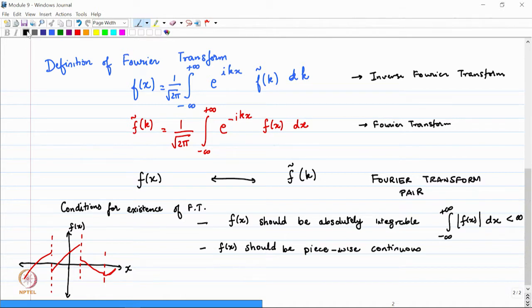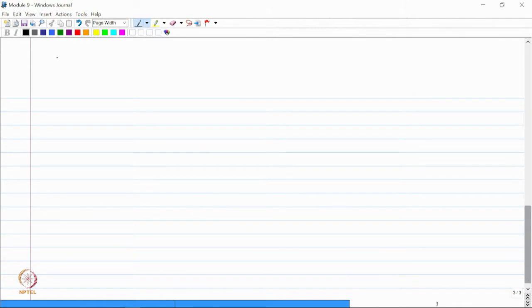This is the condition for existence of the Fourier transform, and in general the Fourier transform is something that we assume exists for various functions, and we try to calculate. So, let us look at some examples. Let us look at the Fourier transform of some functions.